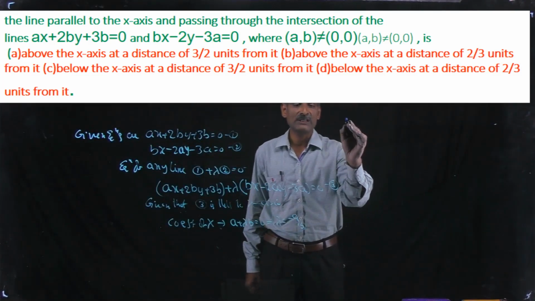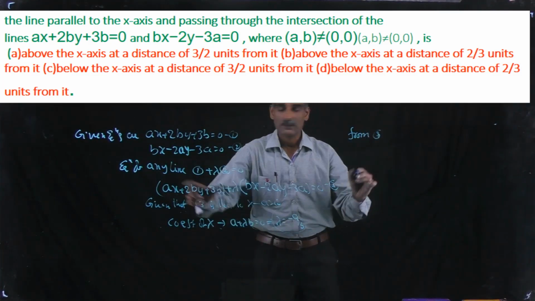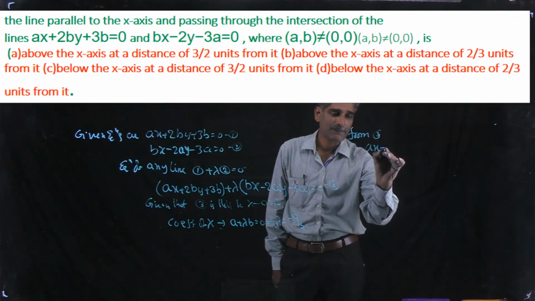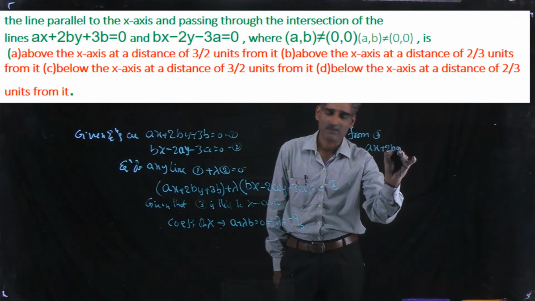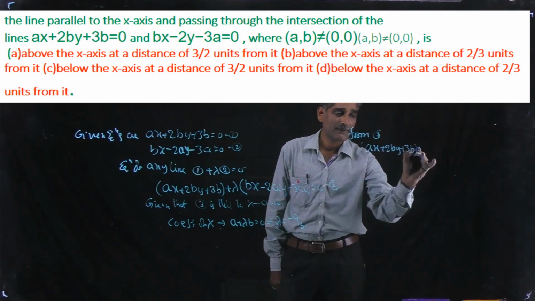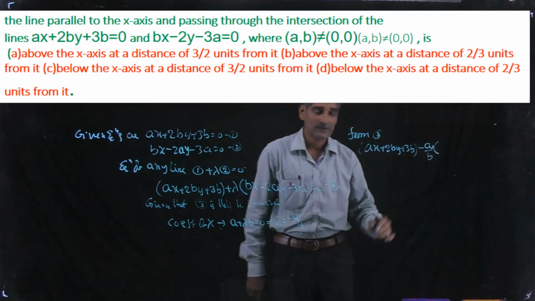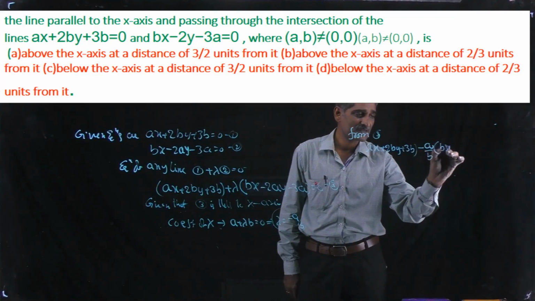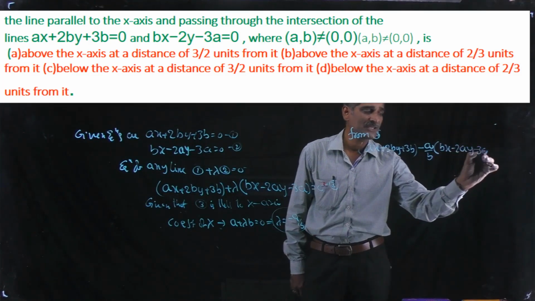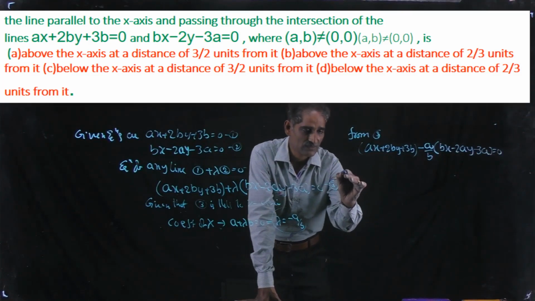So from 3, ax plus 2by plus 3b minus a by b into (bx minus 2ay minus 3a) equal to 0. Now simplify it.